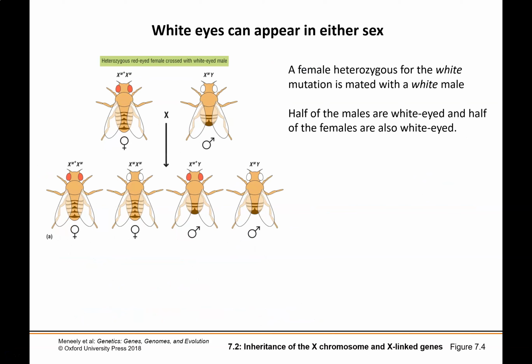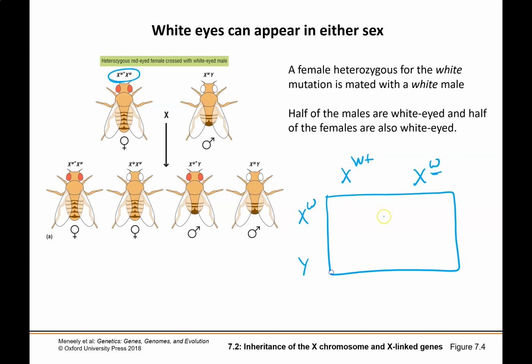So now let's look at what happens if we cross a heterozygous female, meaning that she has that white-eyed allele, she's a carrier for that white-eyed allele. You can actually see that we are going to get a white-eyed female, and we actually see that here.